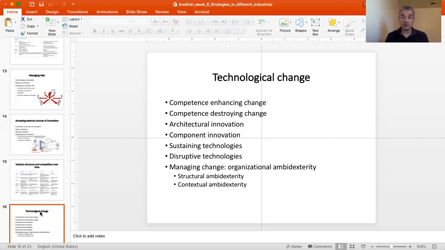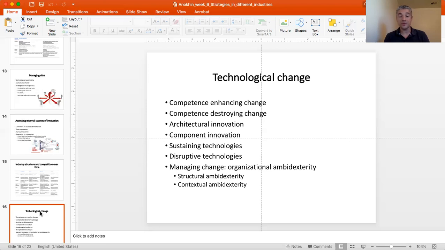So this balance between exploitation and exploration is the essence of organizational ambidexterity. And as much as we like to look into the future, we cannot abandon the present, right? We use the present to finance the future in a way that would enable us to develop and sustain competitive advantage when that future comes.